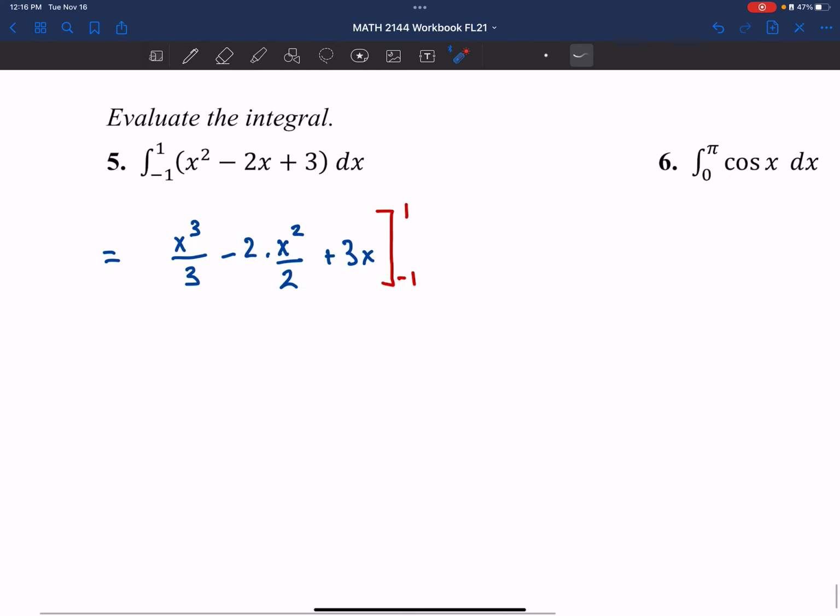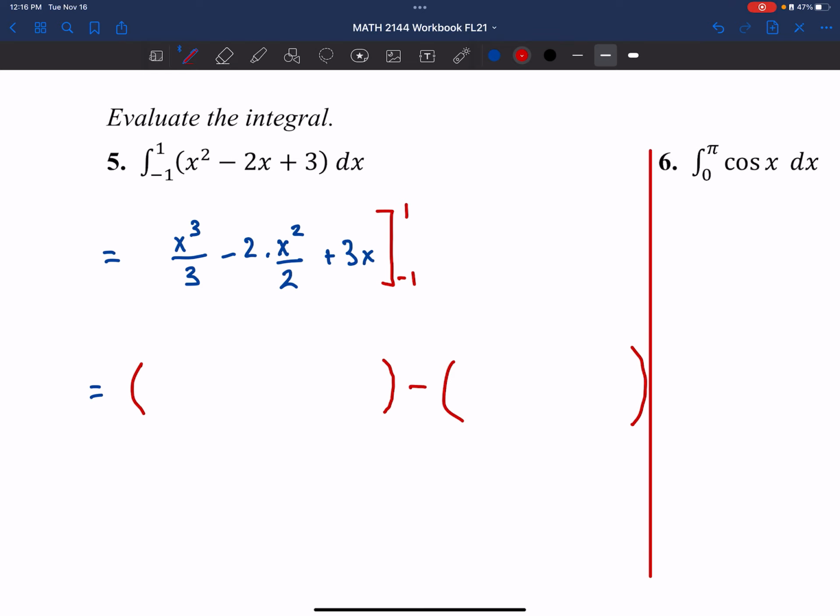Okay. So the way I usually like to set up this computation is I'm going to put a big parentheses on the left, and then I'll subtract and put a big parentheses on the right. So this first parentheses is going to be f of b.